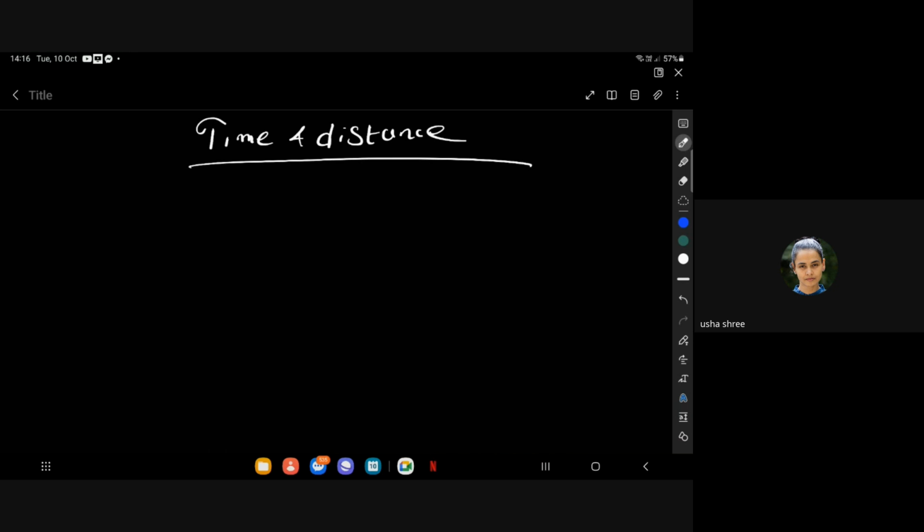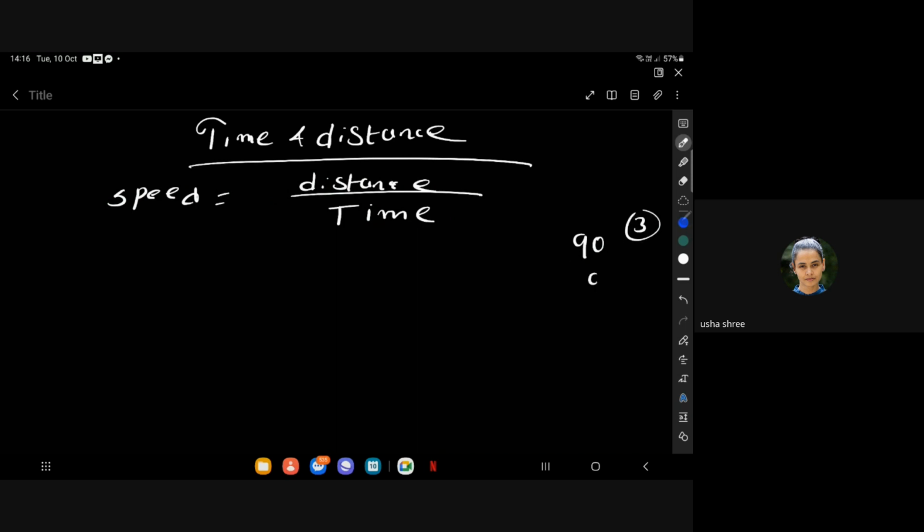Suppose speed, this is the distance you have traveled in a certain time. Say you are traveling by bicycle. You have traveled a distance of 90 kilometers in 3 hours. So what is your speed?